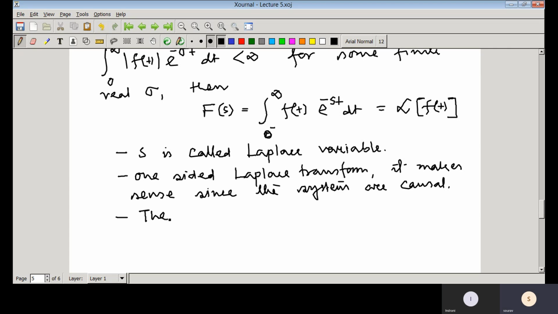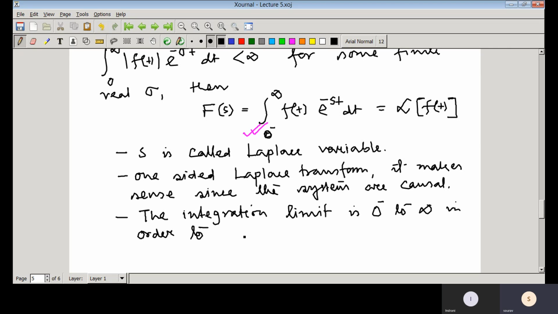And the integration, this integration limit is 0 minus to infinity in order to handle the jump discontinuity at the origin.